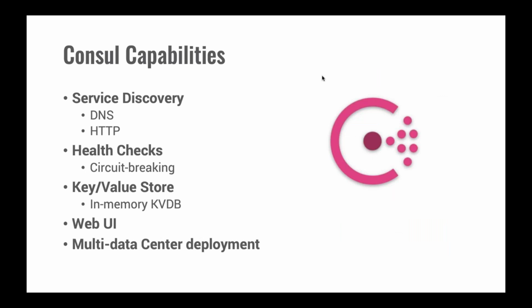So at a high level, Consul does a few things really well. As I mentioned, it's a fantastic service discovery platform. Even if you're not using the service mesh capabilities of Consul, you could still use it for service discovery.